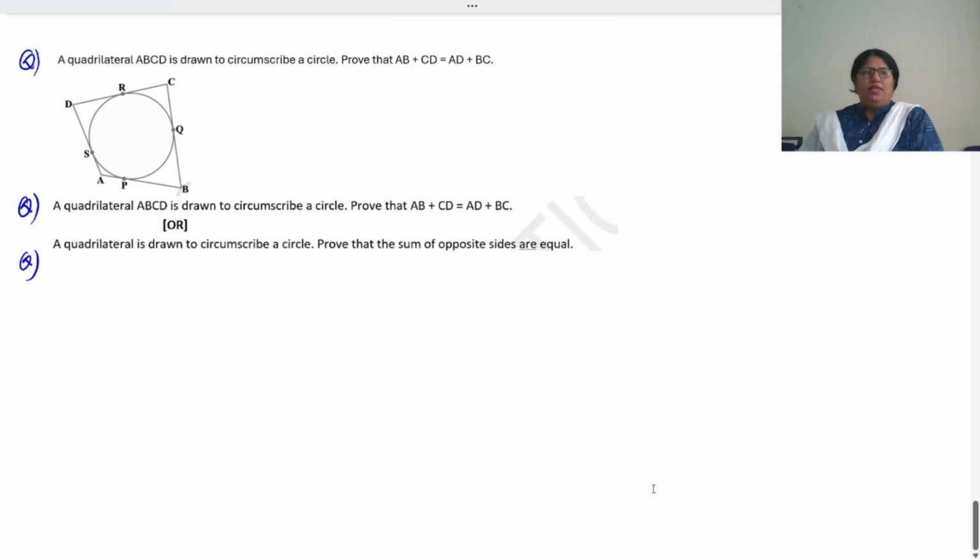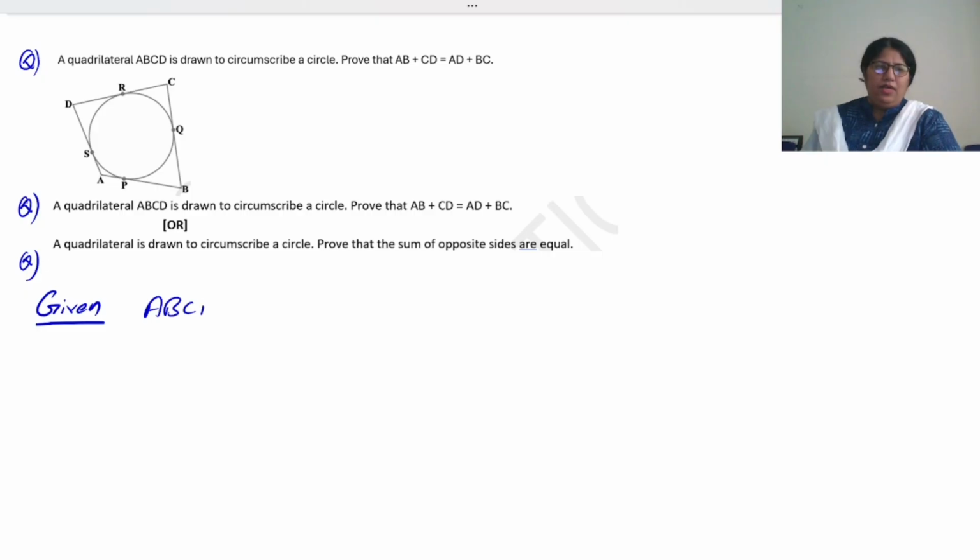If I consider this figure, how are you going to take it here? What is given here? ABCD is a quadrilateral circumscribing a circle, right?